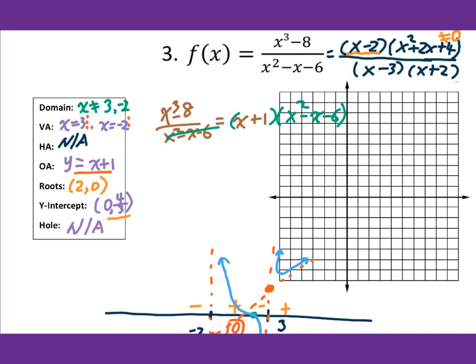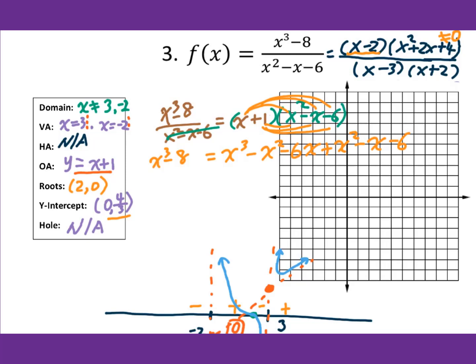On the left side, we got x third power minus 8. Then we do the FOIL. So we get x third power minus x squared minus 6x plus x squared minus x minus 6.